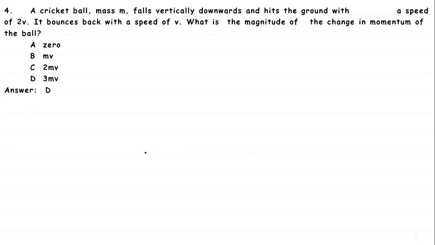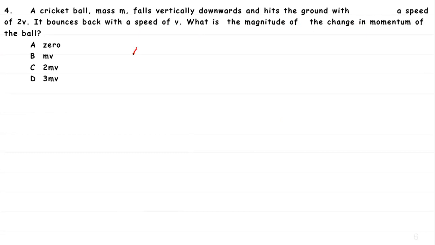Now they ask us, a cricket ball, mass M, falls vertically downwards and hits the ground with a speed of 2v. It bounces back with a speed of v. What is the magnitude of the change in momentum of the ball? So how do we answer that one?